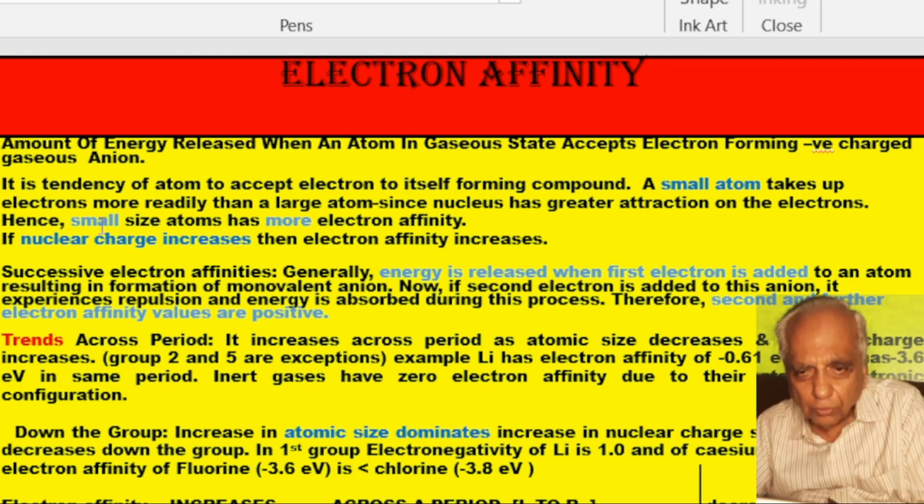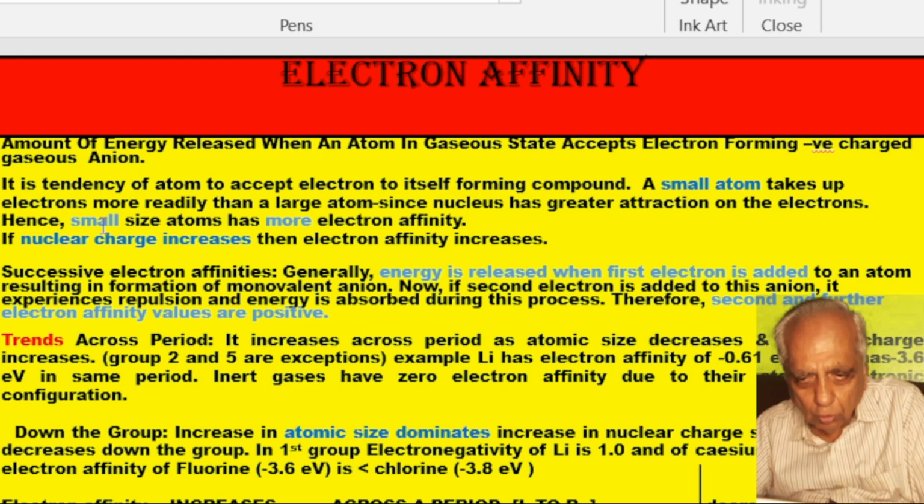Now here also, in all parameters, you should think from these two points of view: size of an atom and charge of an atom, the nuclear charge. What is happening across the period, what is happening down the group, and which is the dominating factor.